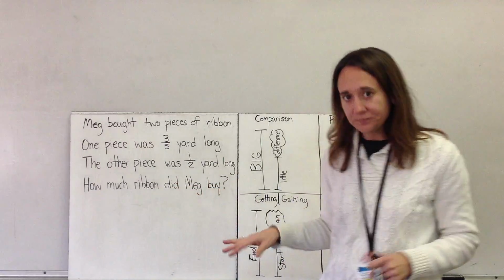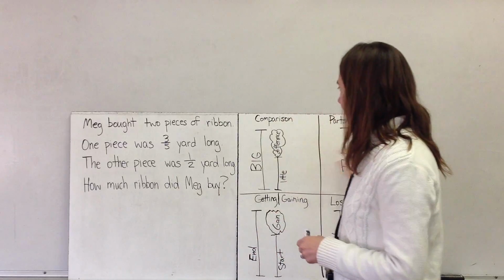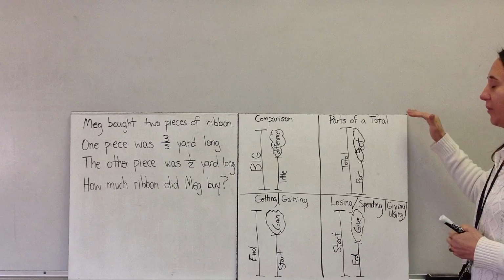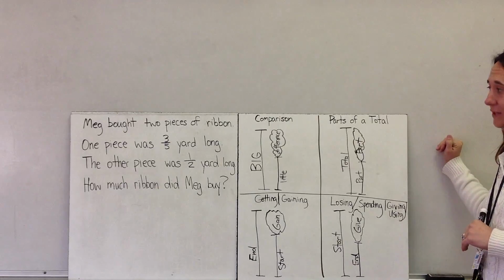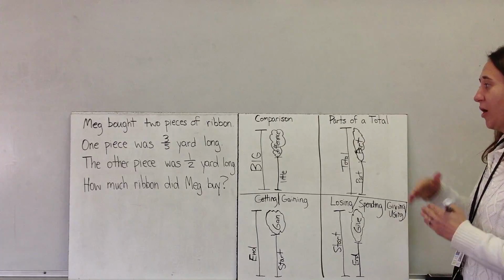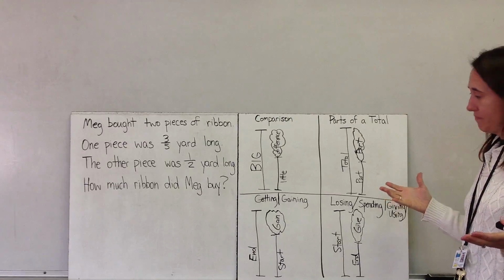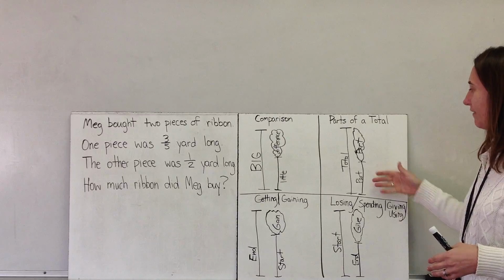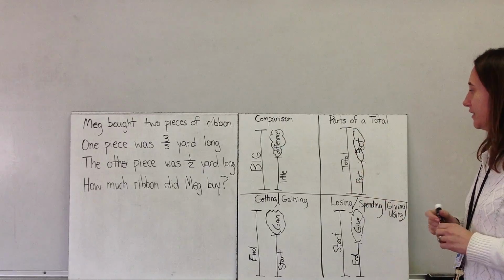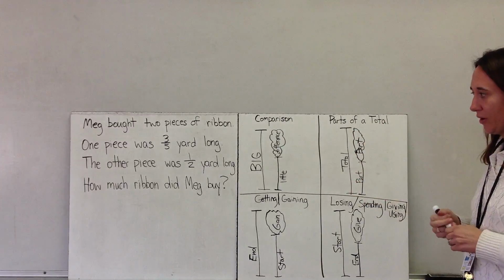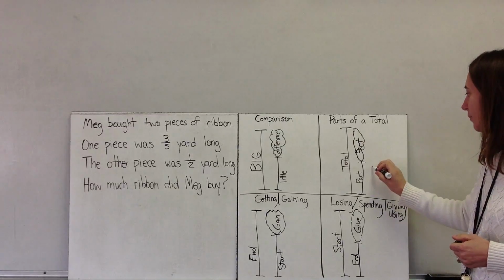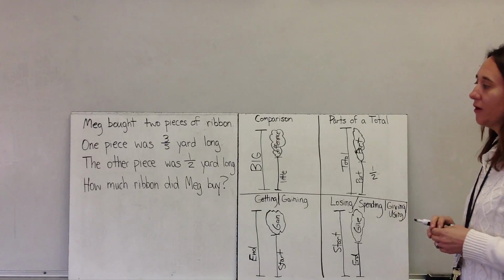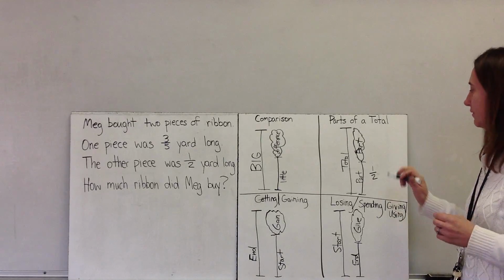So in this one, in my mind, what I think of when I do this is I say, look, she bought one part of a ribbon, and then she bought another part of a ribbon, and then we have how much total ribbon. So in this case, we know one part of her ribbon is 1/2. We know another part of the ribbon that she bought is 3/5.